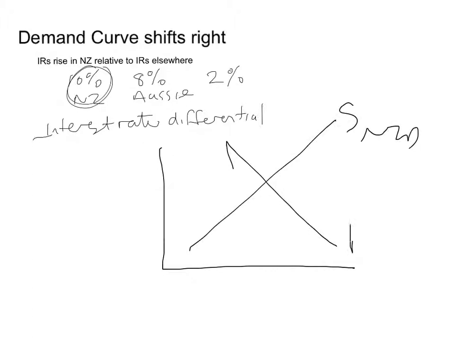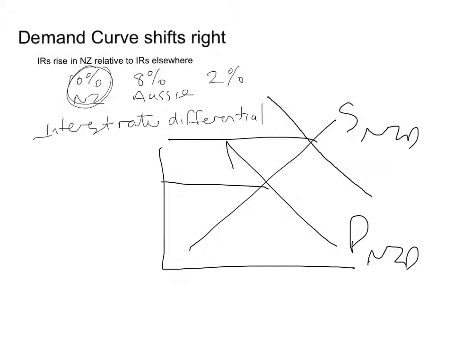That's going to be the demand for the New Zealand dollar. We've got this interest rate differential in New Zealand. And so what's going to happen? The Aussies are going to demand New Zealand dollars to undertake financial investments in New Zealand because they know they're going to be better off. And as a result of that, what's going to happen? You betcha. Our exchange rate has appreciated.